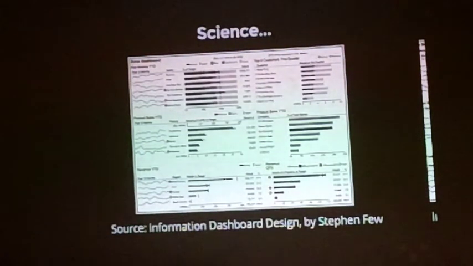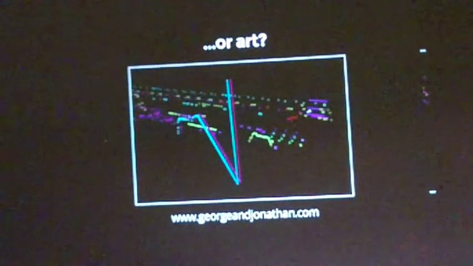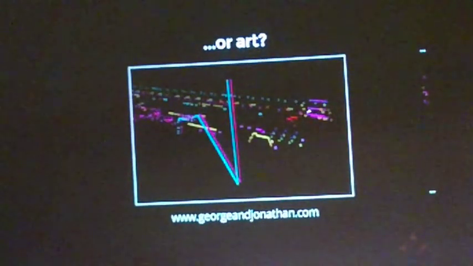So you've got all these different ways of approaching data viz. So I think it's worth keeping an open mind as to what data viz might be. And we'll look at this one in a bit as well.